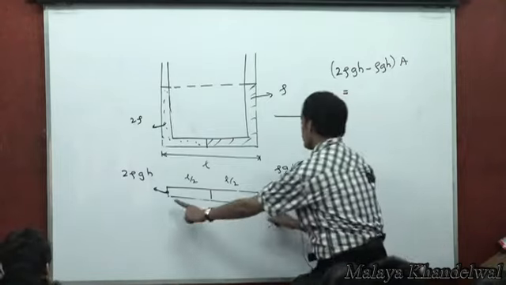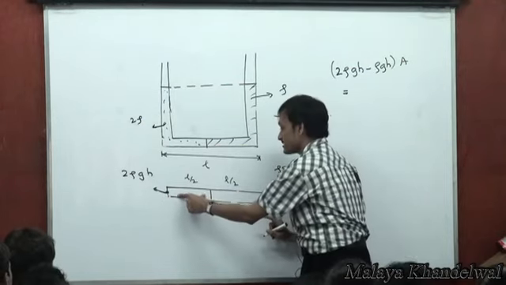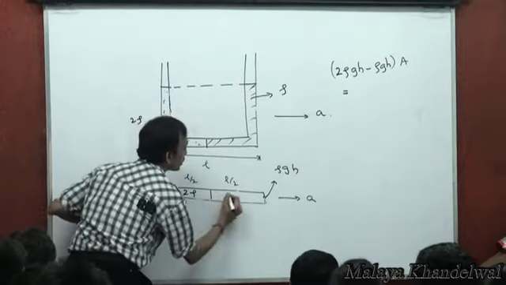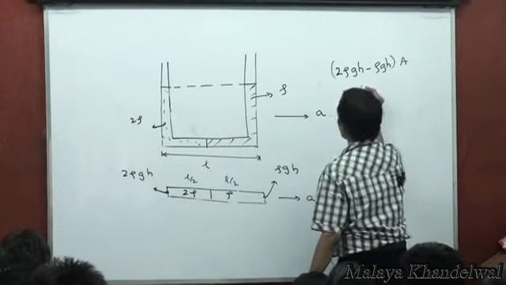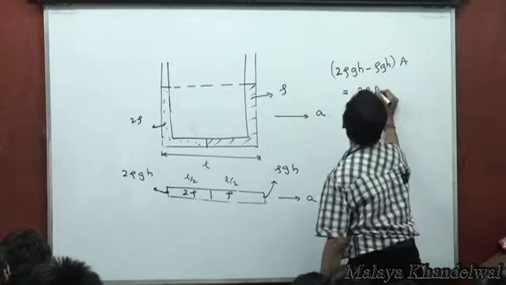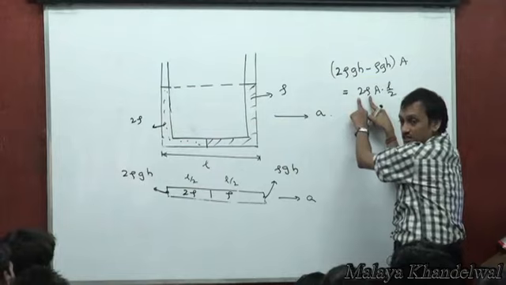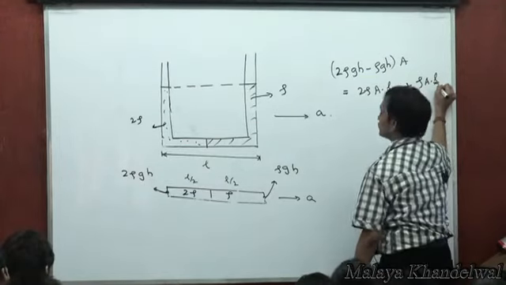That must be equal to mass of this column into acceleration of this column. Mass of this column is mass of this column plus mass of this column. This column is 2 rho, this column is rho. Mass of this column is 2 rho A into L/2, right? A into L/2 is the volume into density. Mass of this column would be rho A L/2, right?